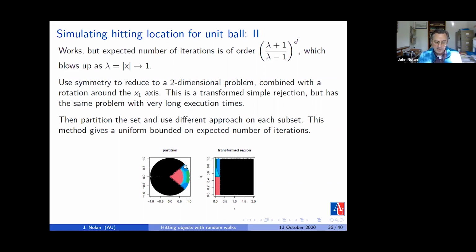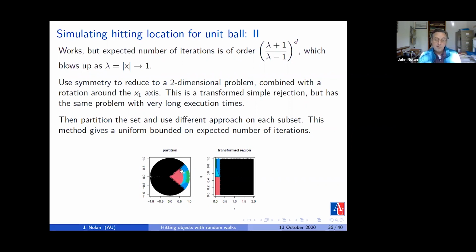This colored region in here is where we're more likely to hit, as our starting point gets closer and closer to the unit ball. The red is in this region, but it's kind of farther away. We have this blue region here, and a green region up in here.